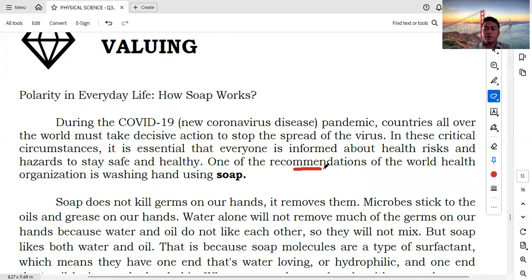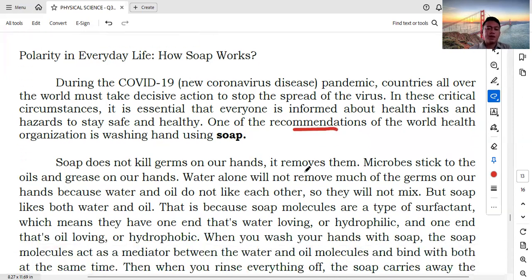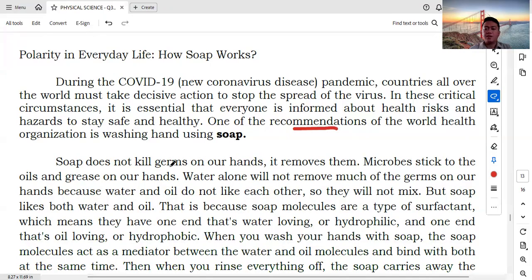One of the recommendations of the World Health Organization is washing our hands using soap. Soap does not kill germs in our hands. It removes them. Microbes stick to the oils and grease in our hands. Water alone will not remove much of the germs on our hands because water and oil do not like each other. So they will not mix.